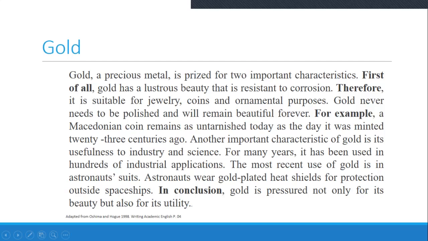So first of all, gold has a lustrous beauty that is resistant to corrosion, right? Therefore, it is suitable for jewelry, coins, and ornamental purposes, right? So the writer brings out the first point as to why gold is important, and then he or she is bringing examples.